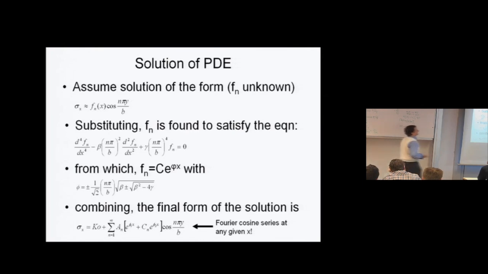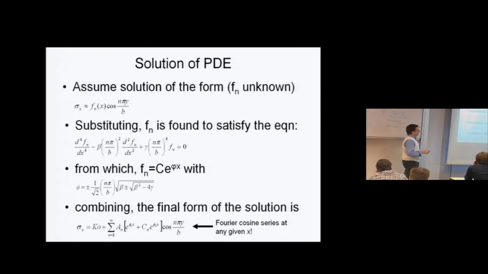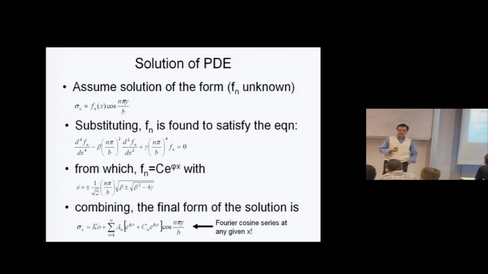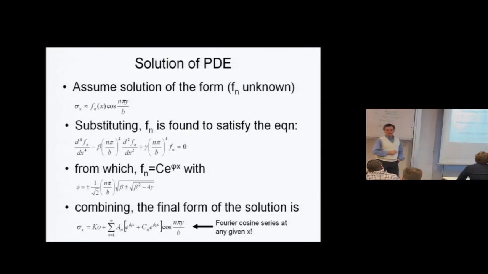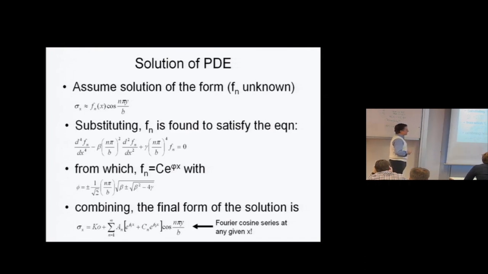Now, in general, there's nothing that keeps the beta squared from being smaller than 4 gamma. So this quantity under the square root could be negative. So the solution could be complex. There's nothing that keeps complex conjugates from appearing, and that means you get decaying exponentials and increasing exponentials as part of the solution.